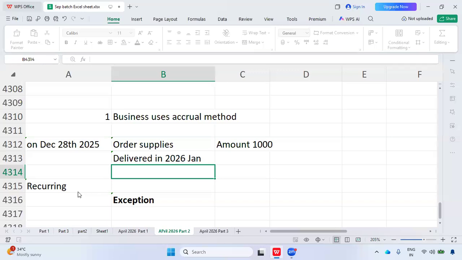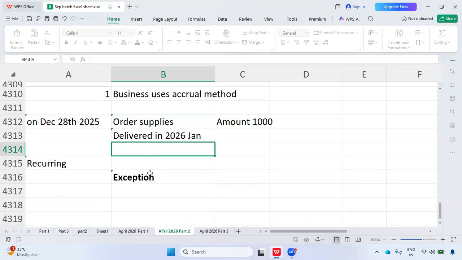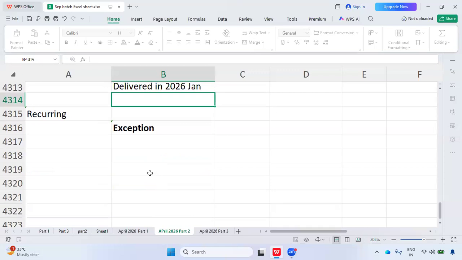Getting this point, guys? Also the liability is fixed, so we are meeting the all events test. We are meeting all these conditions, so we can claim it as an expense. Also, it is not material.